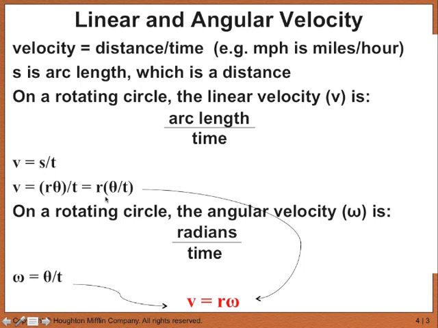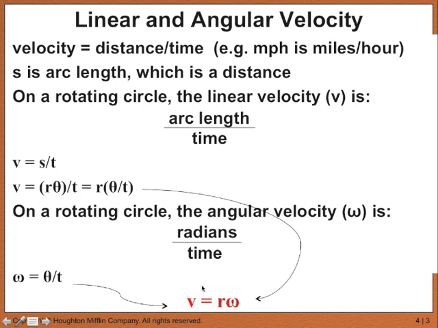And so this r theta over t is just r omega. And therefore, v equals r omega, because now what I'm circling shows that it relates to v, the linear velocity.